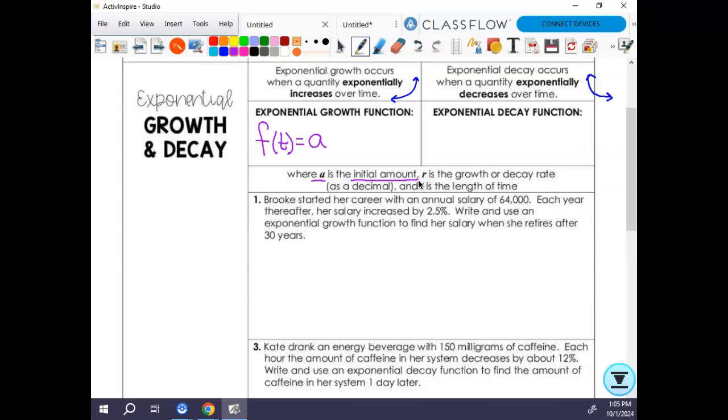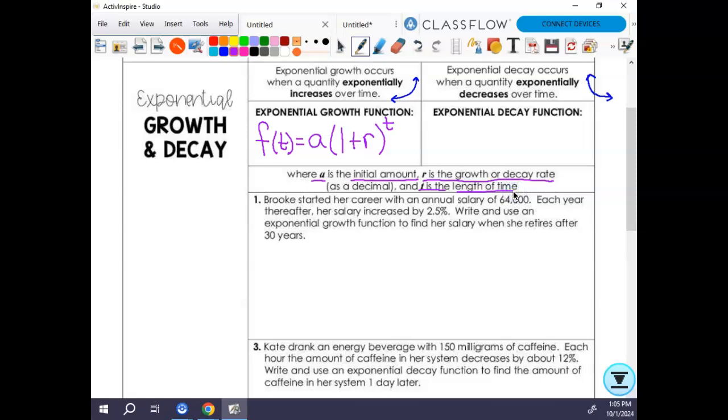You know, I'm going to put $1,000 in the bank or whatever. That's your initial amount, or your principal, sometimes that's called. And then we multiply this by 1 plus r. r is the growth or decay rate as a decimal. Really, it could be a fraction as well. And then your exponent is t, and t is the length of time.